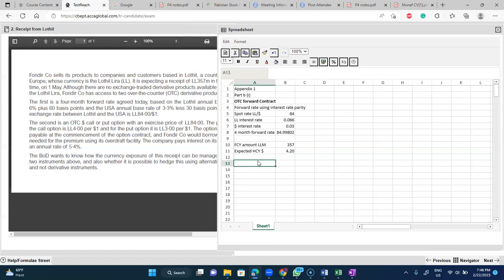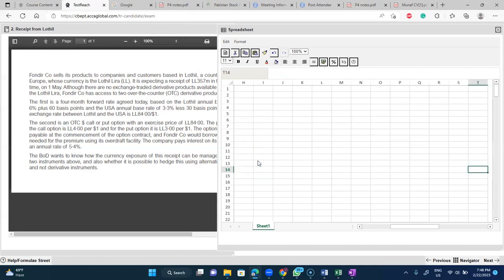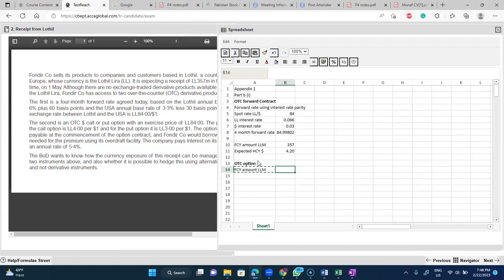Okay. Now options, OTC option. First step, foreign currency amount. Second, the currency's option is in dollars.